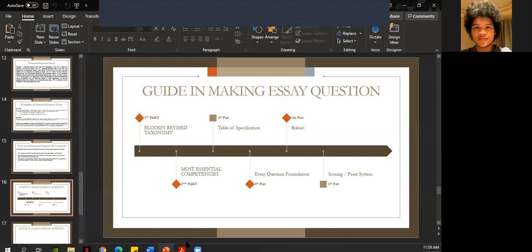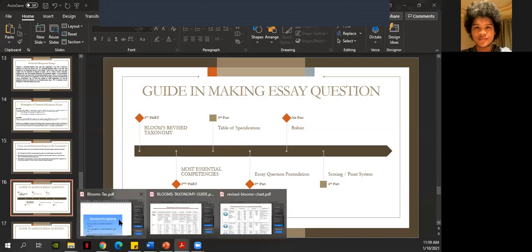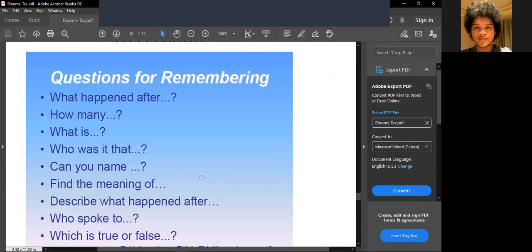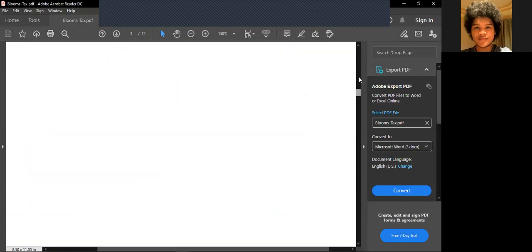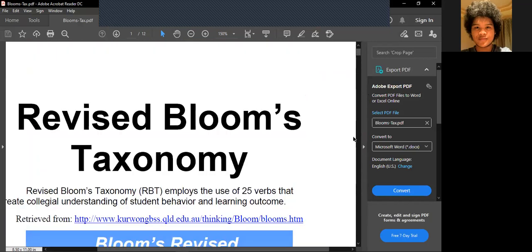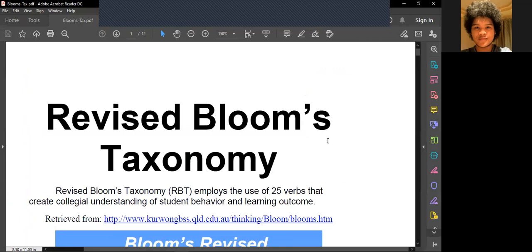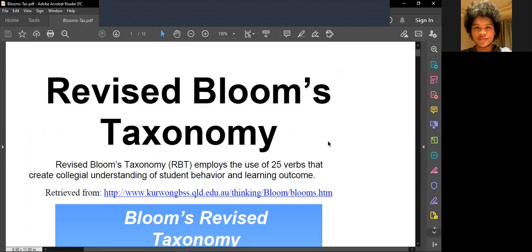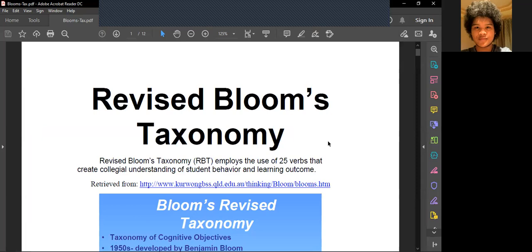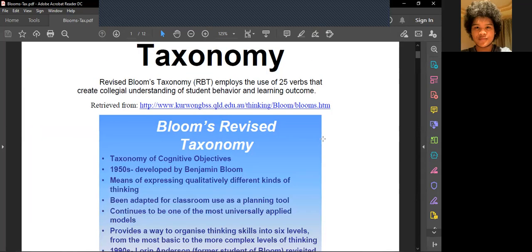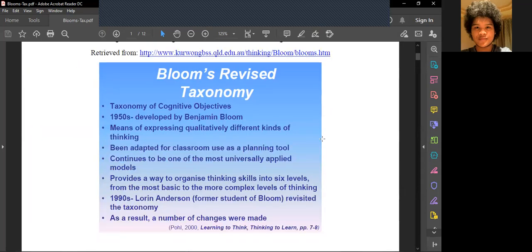Now, I would minimize my PowerPoint and would like to share first the PDF of Bloom's taxonomy. As we've discussed in the previous lessons about Bloom's taxonomy, this employs the levels of difficulty of learners' learning process, in which we study the revised portion, so that we are able to develop cognitive objectives that we want our students to develop.